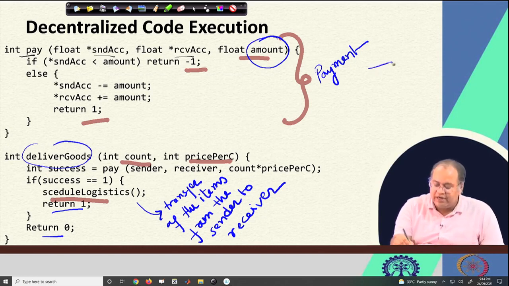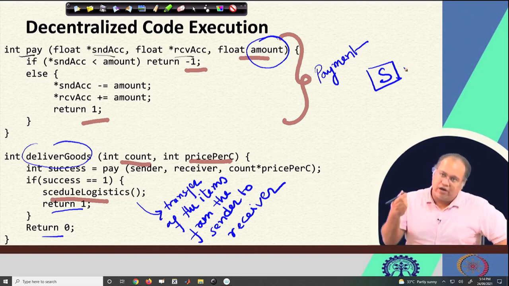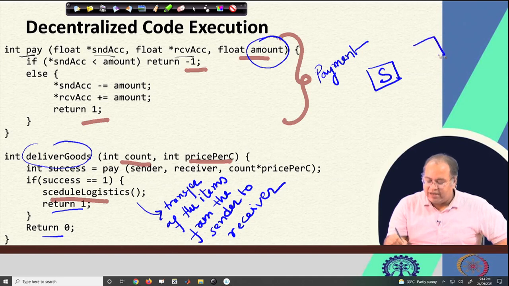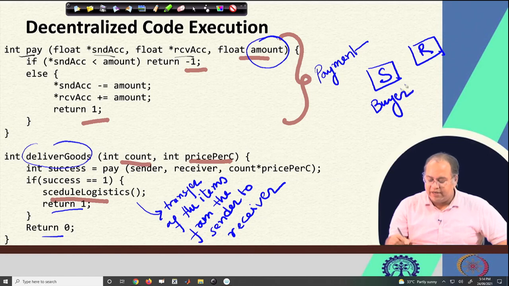I have a sender and I have a receiver. What is the sender doing? The sender is putting up a certain order. The sender is, say, the buyer, sender in terms of sending the money, and the receiver is the seller.